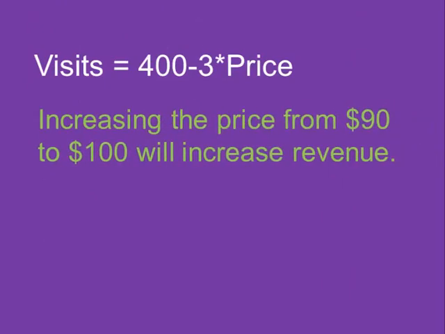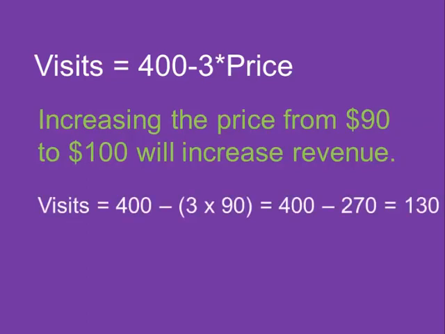Okay, our next question. Again, our formula. Increasing the price from 90 to 100 will increase revenue. Let's see what the formula says. Okay, so we have our visits. We don't know what that is yet, but we have 400 minus 3 times 90. We work that formula a little bit more, so it ends up 400 minus 270 equals 130.